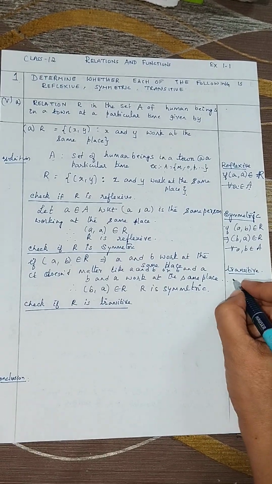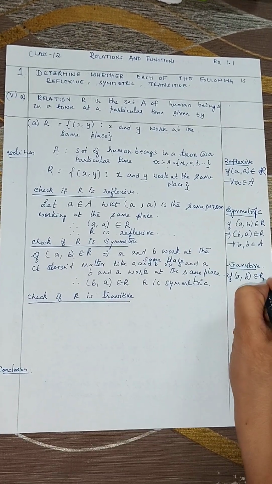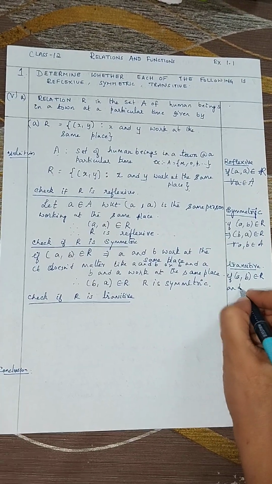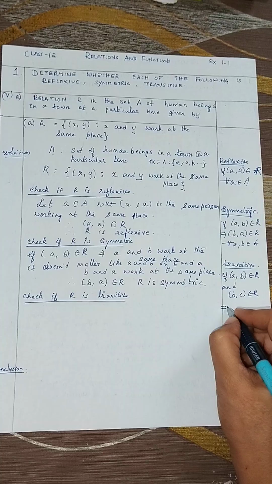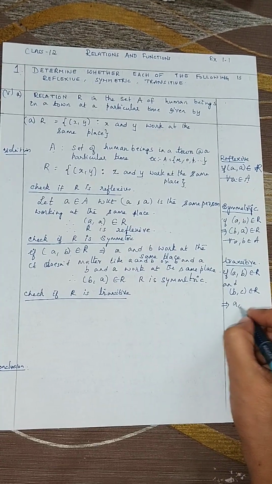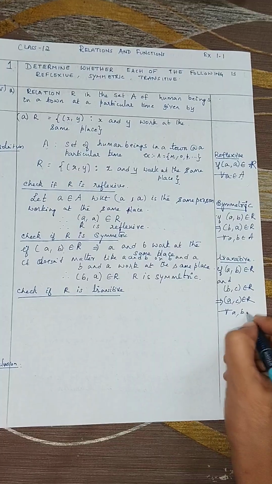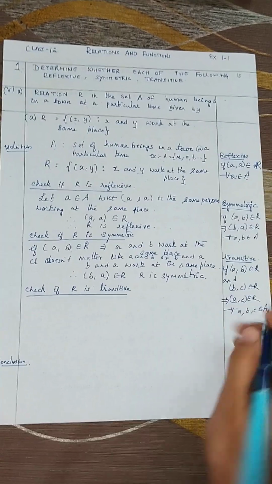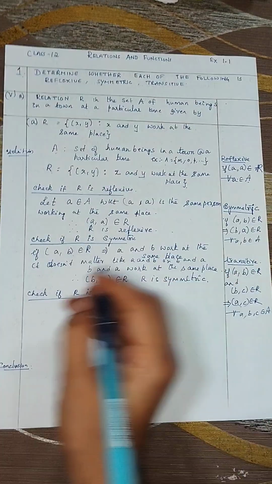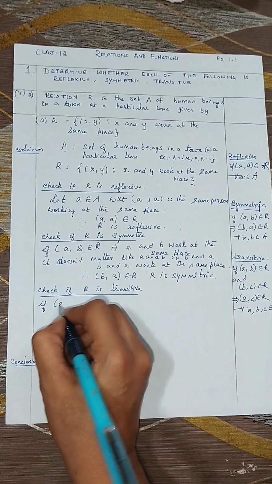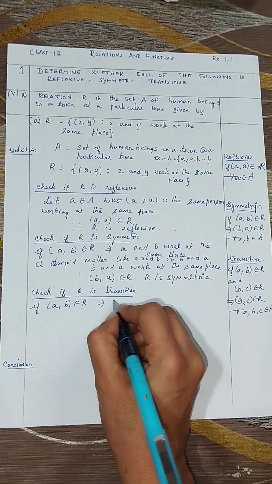Now let us go for the third one, transitive. If (a, b) belongs to R and (b, c) belongs to R, we have to prove that (a, c) belongs to R for all a, b, c belonging to A. So we can take these two as granted and we have to prove this one. So if (a, b) belongs to R, what we have to say?